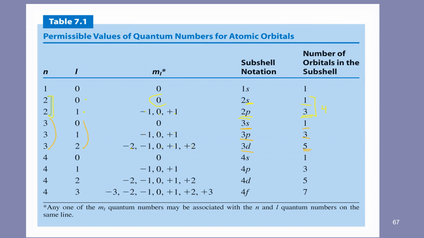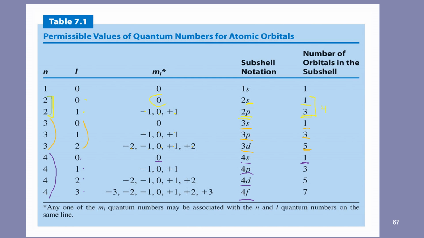And then finally, let's go ahead and do purple again. So if I'm in the 4th shell, now I have 4 options for L. I could either have a 4s, 4p, 4d, or 4f, depending on 0, 1, 2, 3. Again, anytime I'm in an s subshell, I can only ever have 1 orbital because the only value of M sub L can be 0.